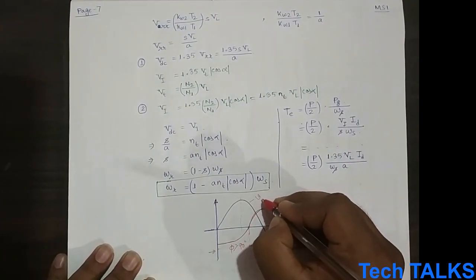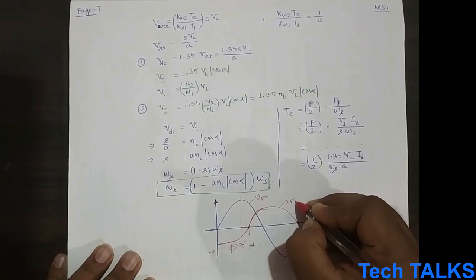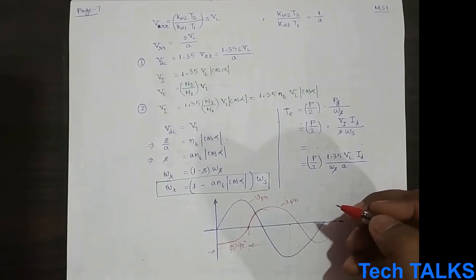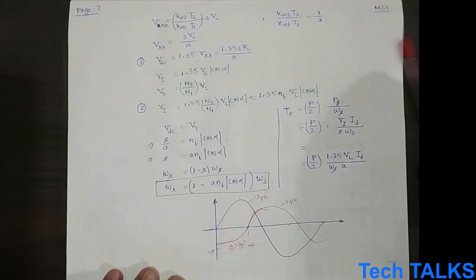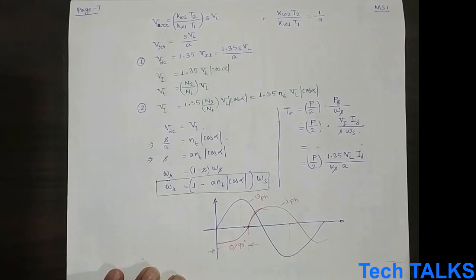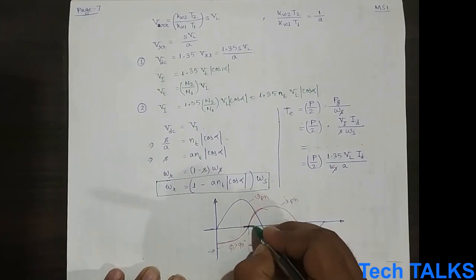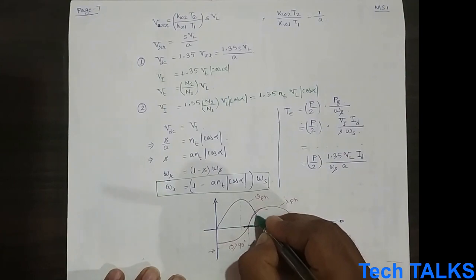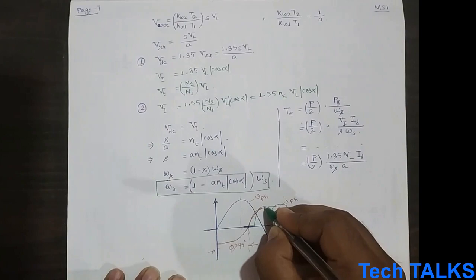If this is the voltage of a phase, this will be the current of the same phase, the fundamental of the current of the same phase. But in actual, this will be looking like a square shaped waveform, with effectively two humps.